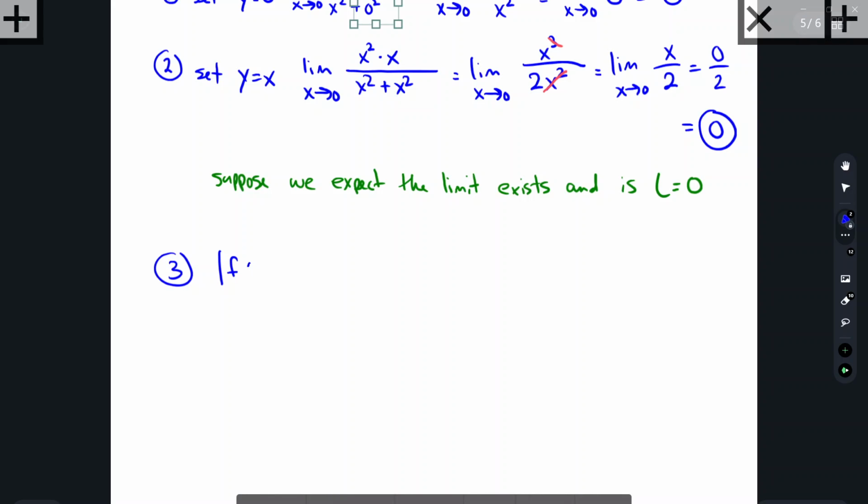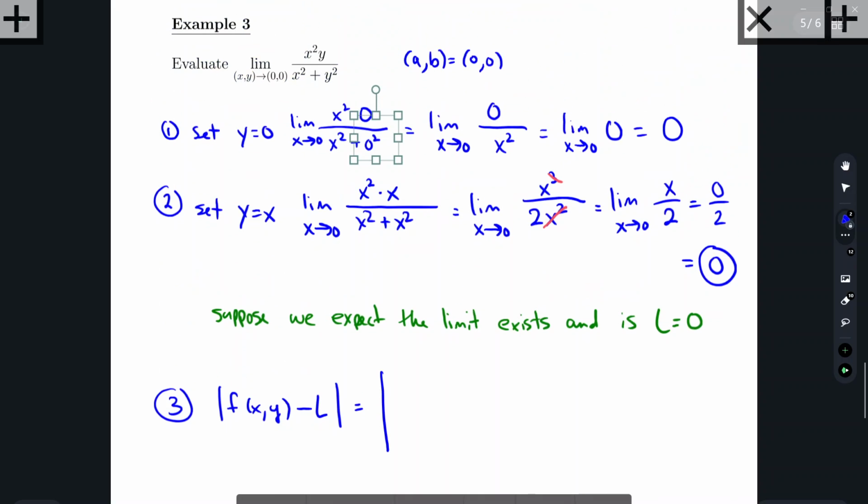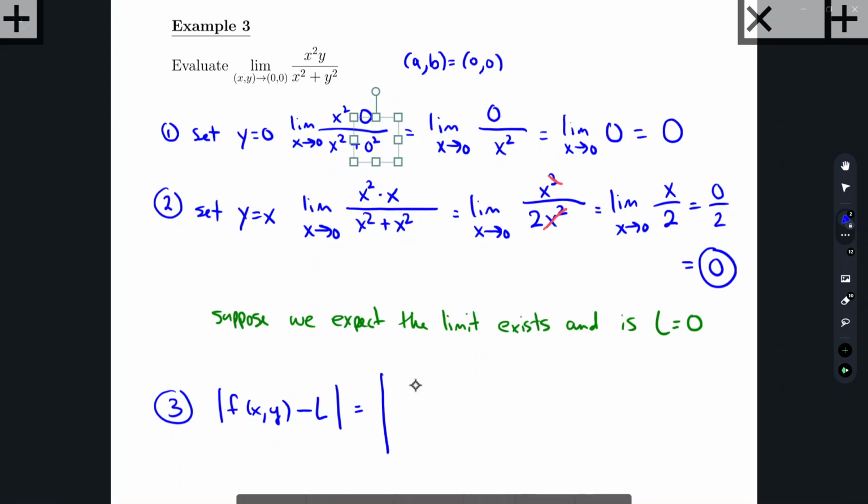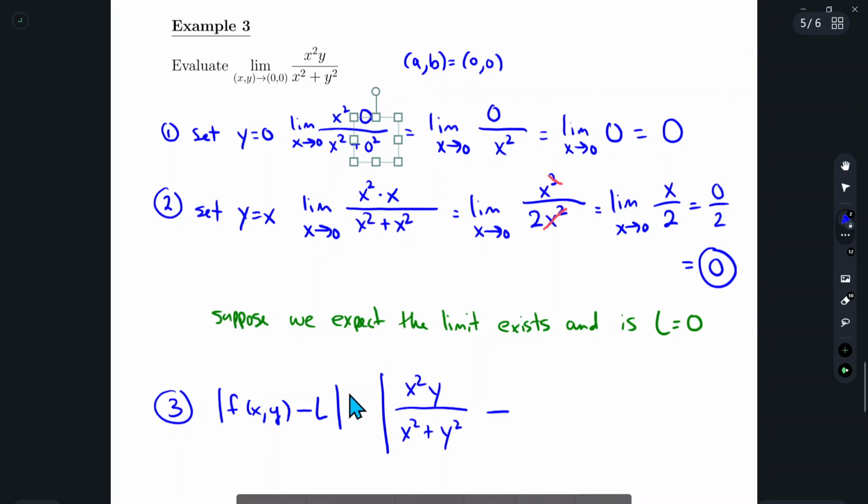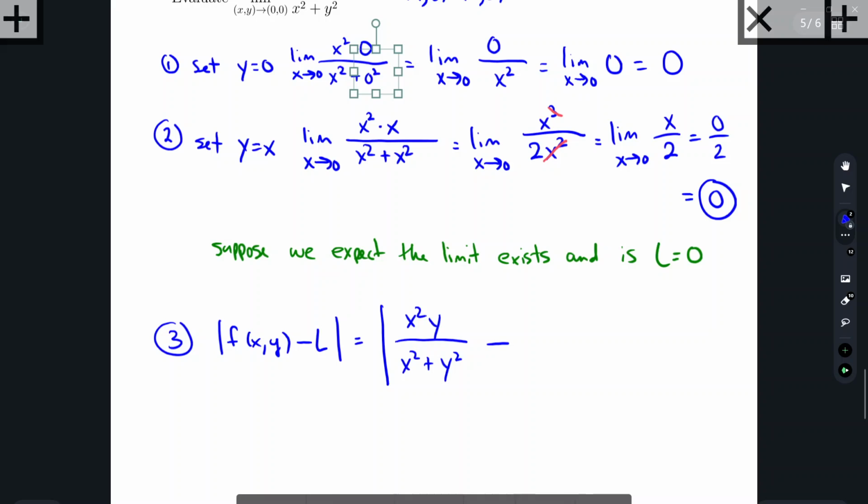Right. So let's write this out. What is my original function? That's x squared times y all over x squared plus y squared. What is my L? I suspect that the value of the limit is going to be 0, so my L is 0.